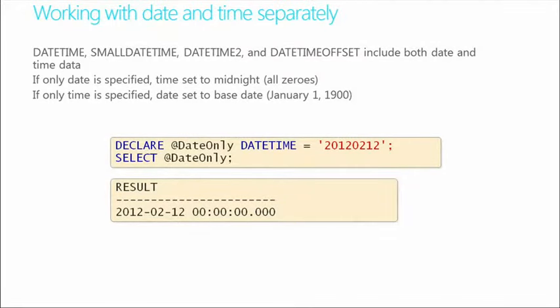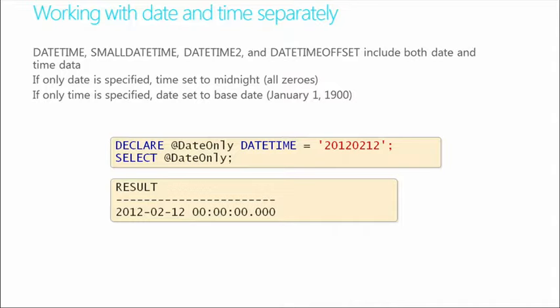Working with datetime separately, here's an example where we declare a date only, datetime, and then select the date only. Notice at this point it returns just the date and nothing to do with seconds. It just uses all zeros for the seconds as if it's midnight. If I did the opposite, where I'm looking just for the time, the date is going to be set to January 1st of 1900, and then you'll have the time for that portion.